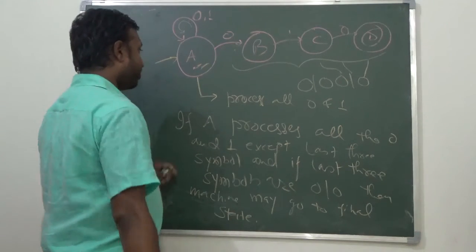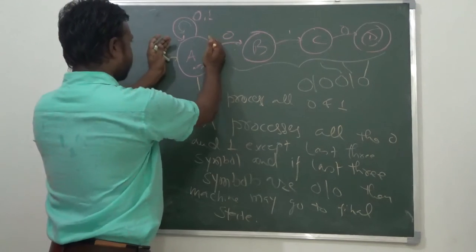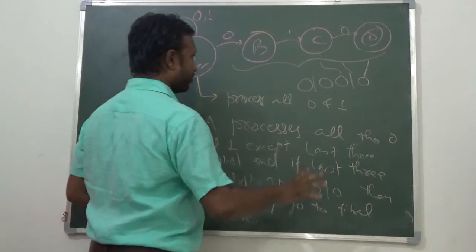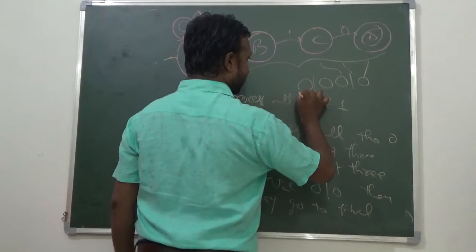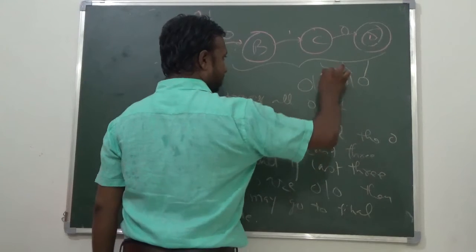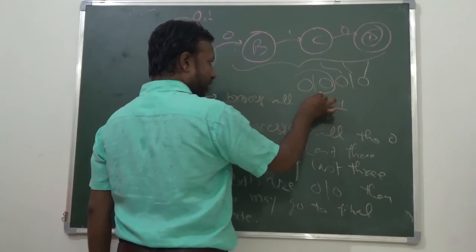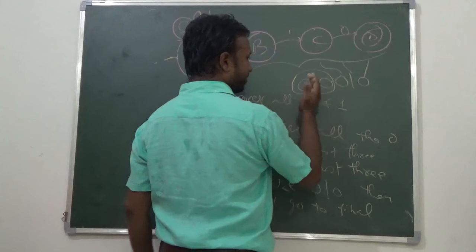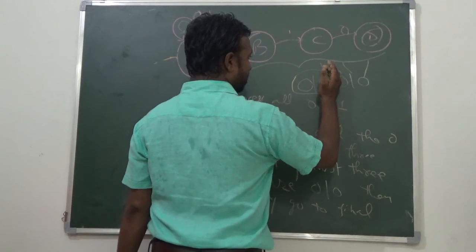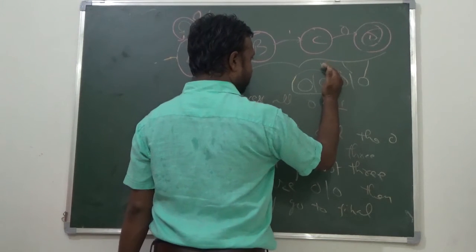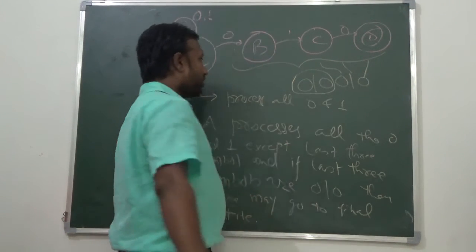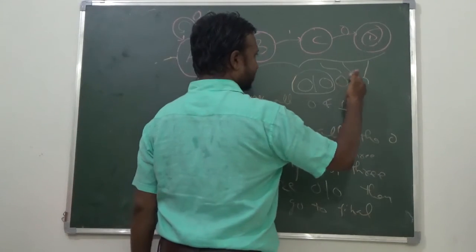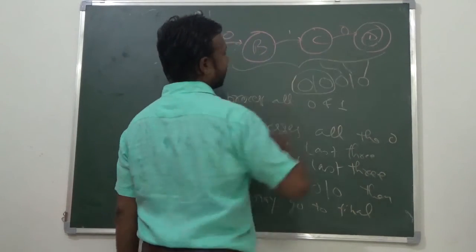If this particular state processes all the zeros and 1, say if we analyze this particular input, all symbols except the last three will be processed by this state, and then the last three symbols will be processed by these states.